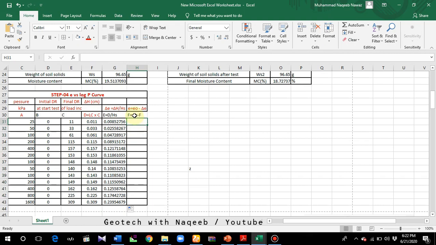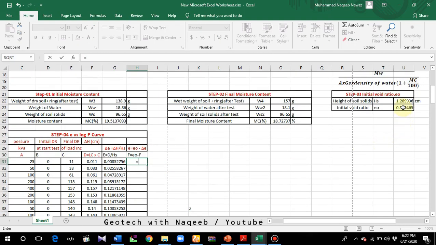Now I will have to obtain the void ratio, that is E naught minus delta E. So I will apply the formula. E naught I have found out, this one. Again, this is a constant value that will remain constant for the column.